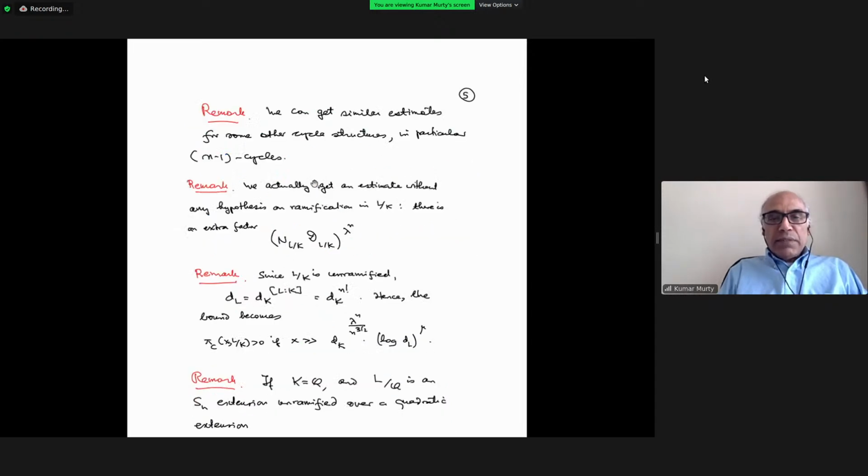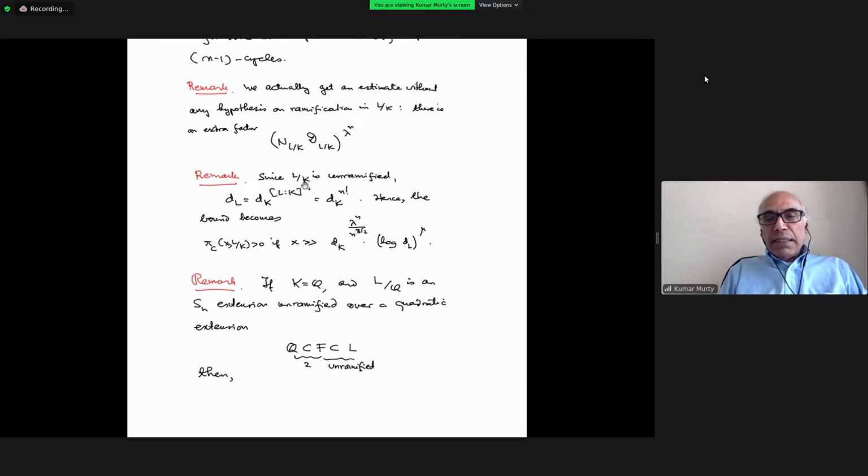That's because if you don't put it in, you get a factor that I didn't like very much, involving the ramification. I think it shouldn't be there, but at the moment it is. So if you don't assume anything about the ramification of L over K, you'll get something with the norm of the different of L over K to the power lambda to the n. And remember, this looks like it's exponential, but the degree is n factorial, so this is still small.